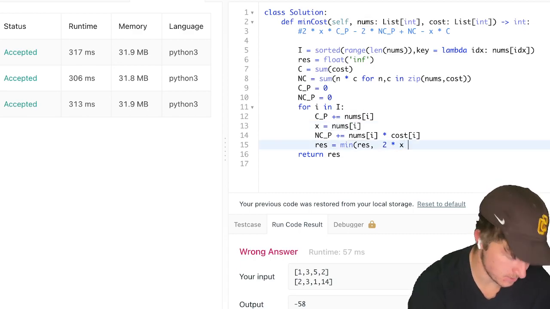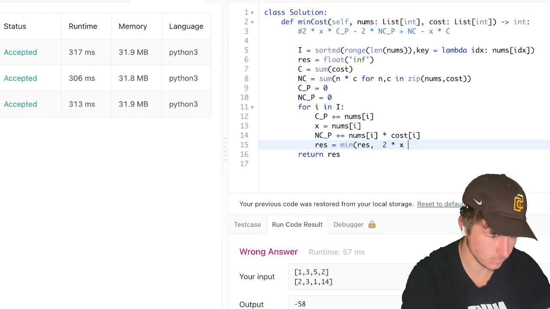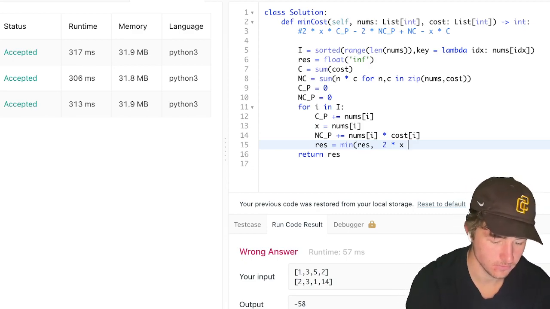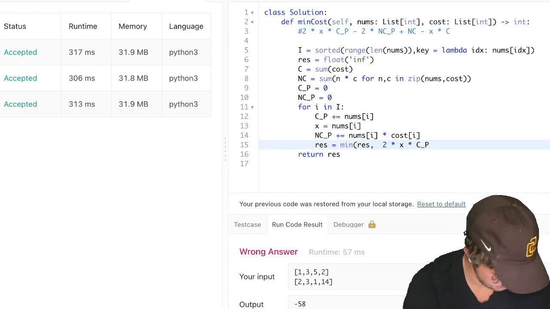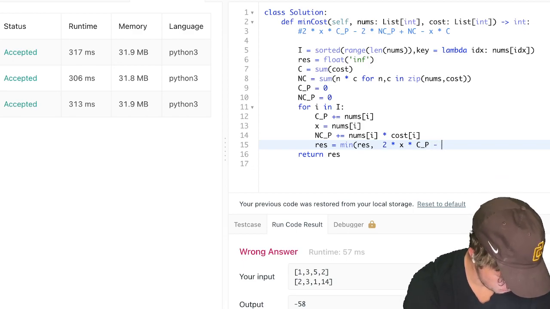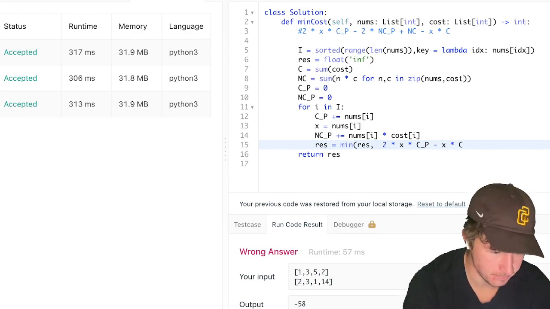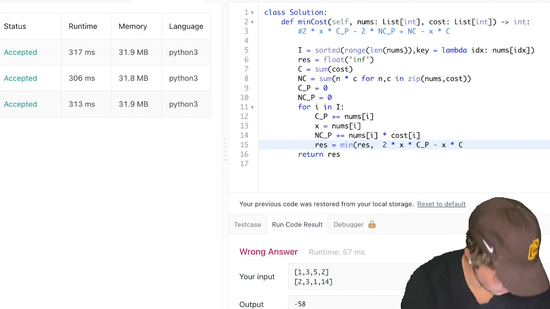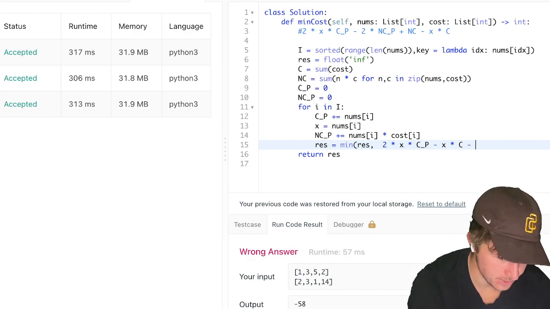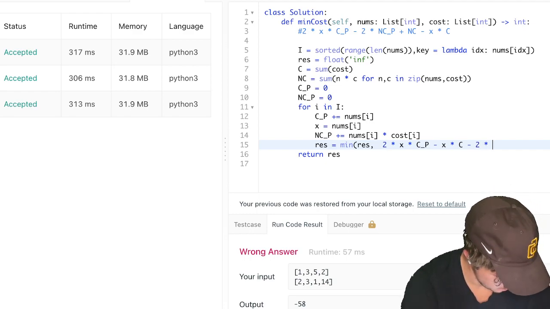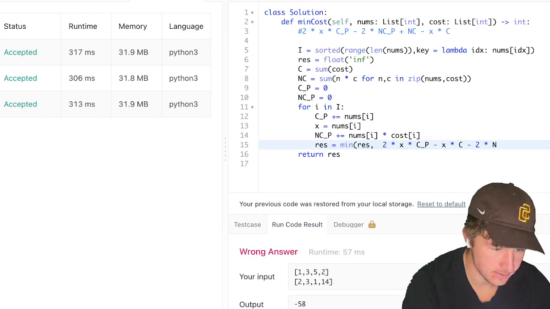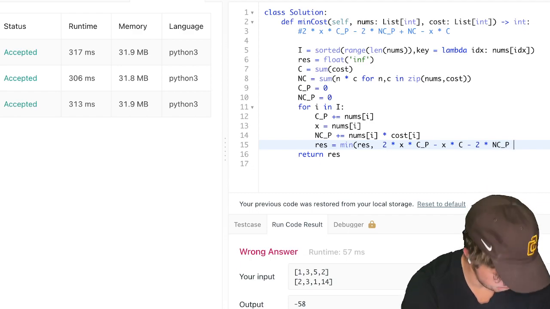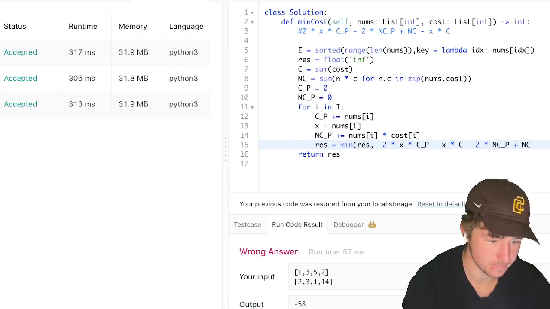So 2 times x times c prime minus x times c minus 2 times nc prime plus nc.